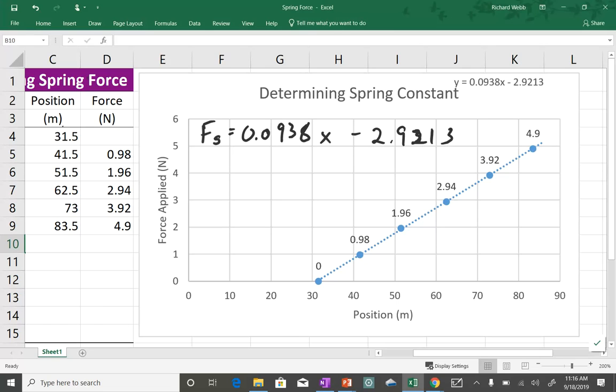If I take another spring, like for instance this one, made out of the same material actually, but clearly a different style, it's going to have a clearly different spring constant.